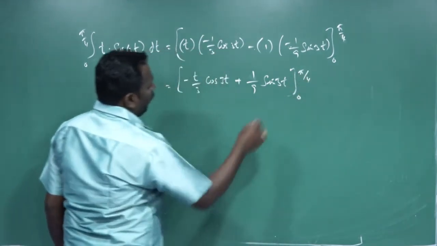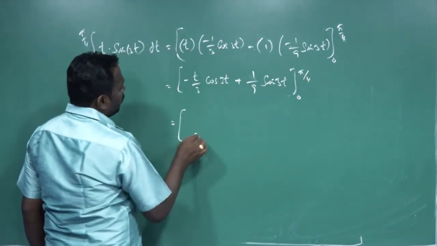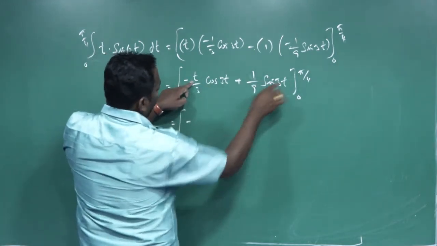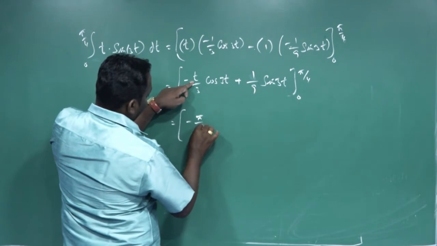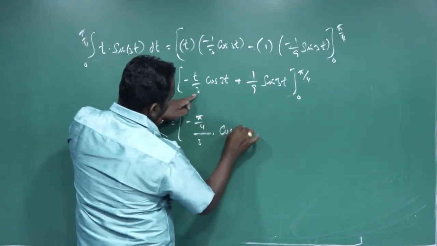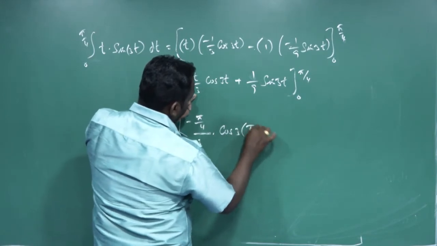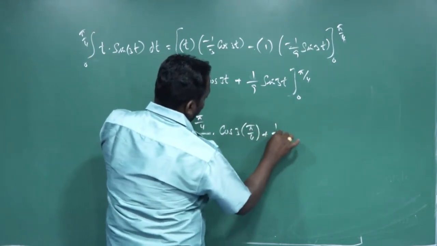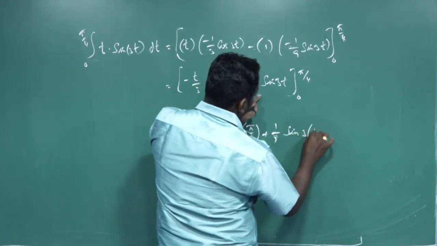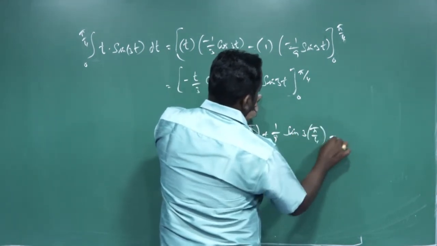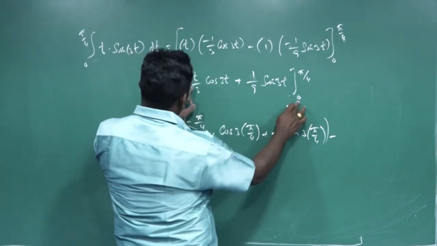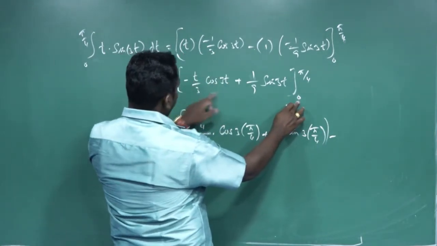Now just apply the upper limit and lower limit values. Integration of minus t, replace the upper limit: equal to pi by 4. Pi by 4 by 3 into cos of 3 into pi by 4, plus 1 by 9 into sin 3 into pi by 4. That is the upper limit value. Then for 0, 0 into any term becomes 0.